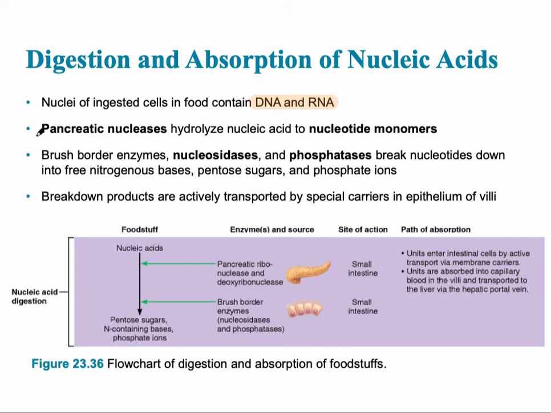So the pancreatic nucleases are going to hydrolyze, use water to break down, nucleic acid to those nucleotide monomers. And the enzymes responsible for that, again, are in the pancreas: ribonuclease and deoxyribonuclease. Those should be easy to recognize because they sound like the molecule that they're working on. And then finally, brush border enzymes that are in the small intestine.